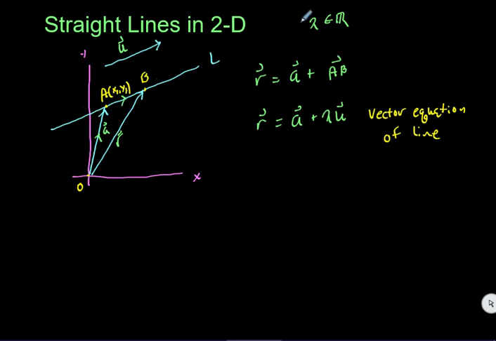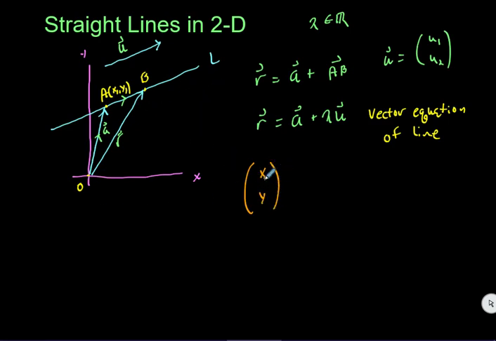So if we let u, let's say we have vector u, and we'll call that u sub 1, u sub 2 for its direction, right? Now I can write this equation. Now r would be every point that's in this line, right? So if we let r be, let's do a different color, let's say r is the point x, y, right?